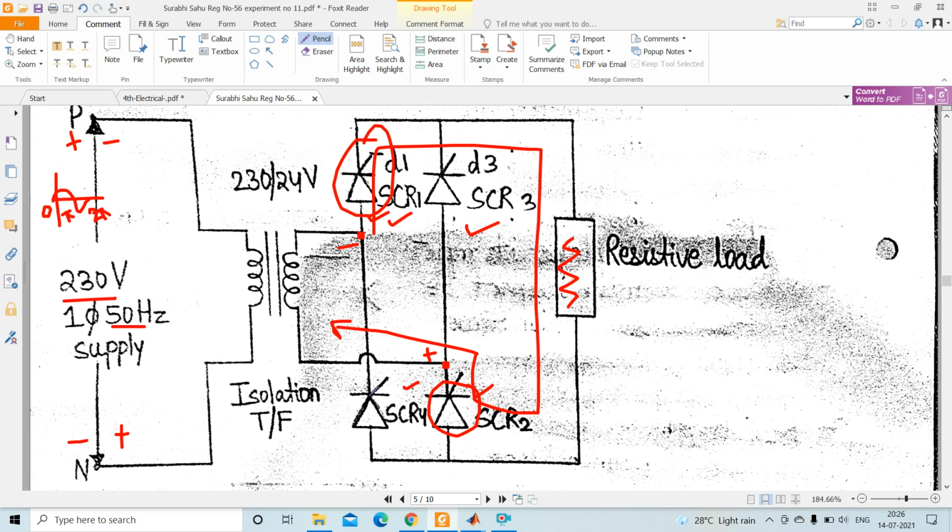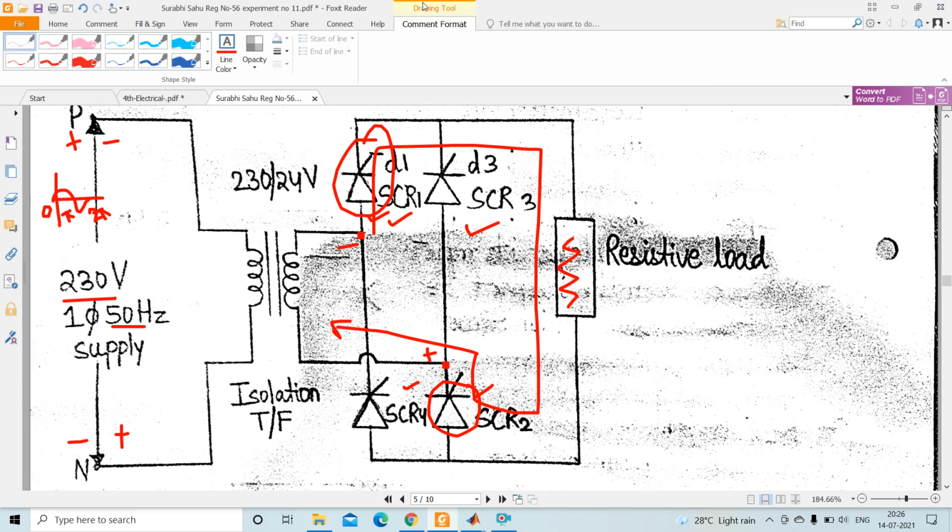This negative is linked to the cathode here, so now this is forward bias in case of the negative half cycle.